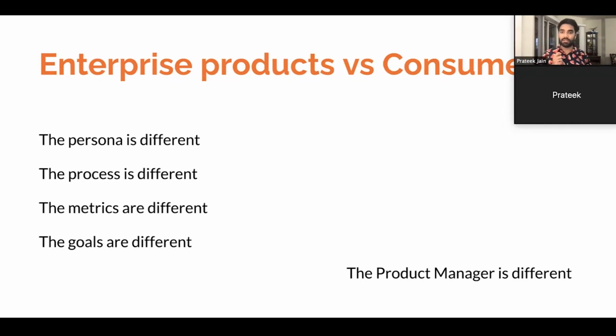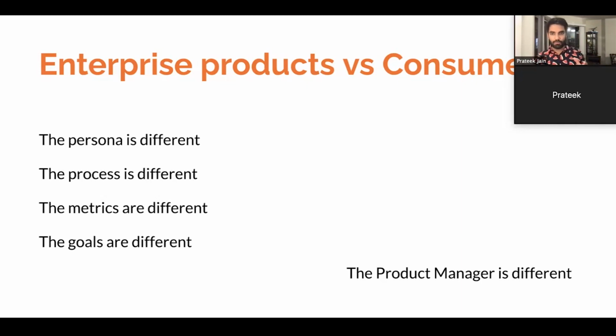A consumer product, let's say your favorite payments app or Instagram, where you post your pictures, its goal is to keep you hooked onto the app, to make you not ever want to leave and go away and do other things. An enterprise app, though, is not trying to consume all of your time. It is trying to let you get your time back by more efficiently doing the things you want to do at work.